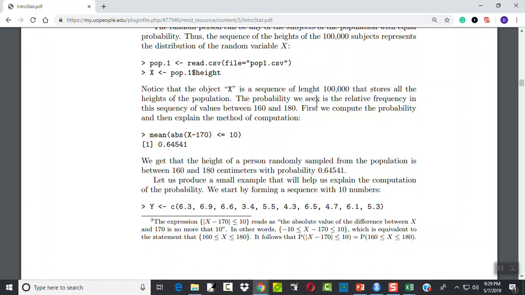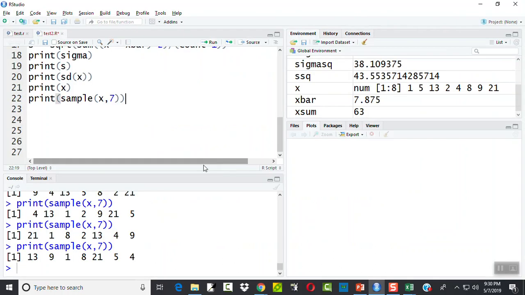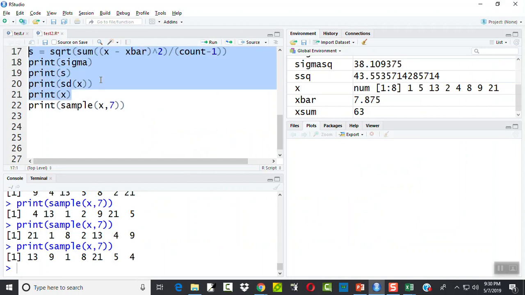Probability we seek is the relative frequency in this sequence of values between 160 and 180. First, we'll compute the probability and explain the method of computation. Well, let's take a look at this a piece at a time, because I'm drawing a blank on what that is indicating to us. Now I'm going to clean this up some, because I got a lot of garbage here now.